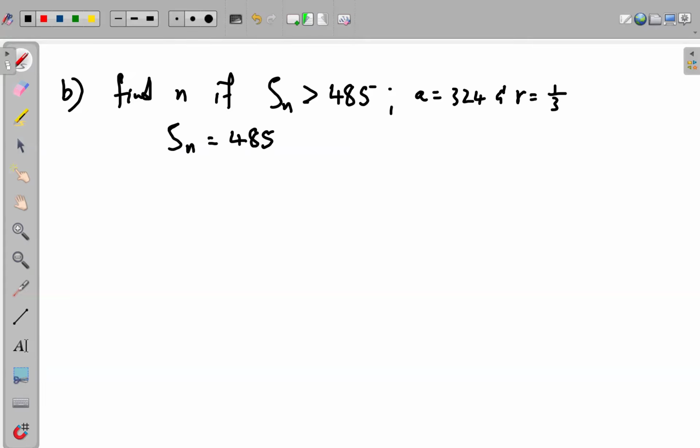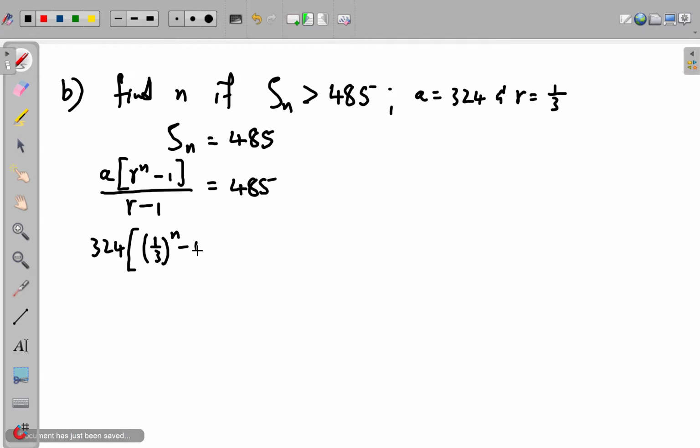So now Sn is A times (R to the N minus 1), all over R minus 1. So this is 485. Now I'm going to do my substitution. So 324 into (1 over 3) to the N minus 1.